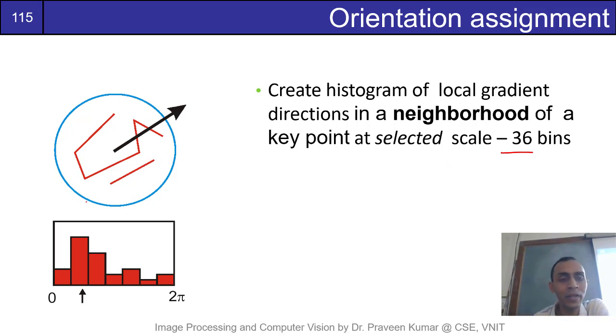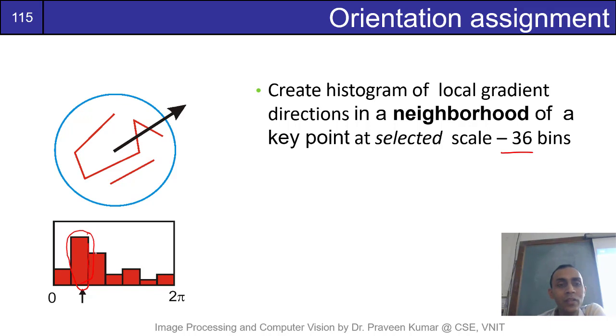So they divided this range from 0 to 360 into 36 bins, so 10 degrees each. We'll distribute the gradient directions into the bins of this histogram, and the bin which has the highest frequency will be our dominant gradient direction.